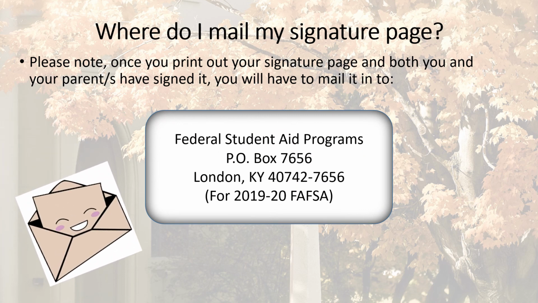All that is left now is to sign your signature page and have your parent or parents do the same, and then mail it in. Please note, this address will also be listed at the bottom of the signature page you just printed out.